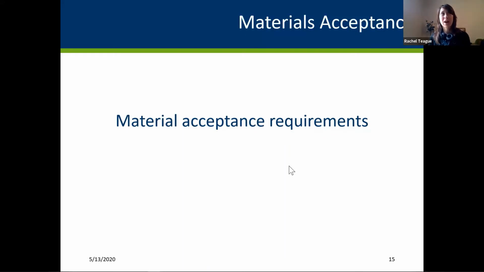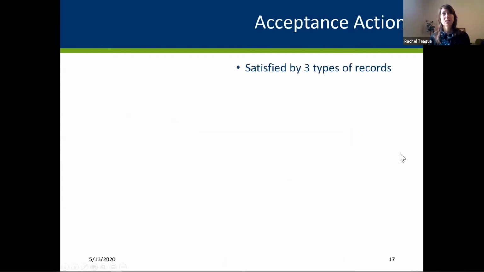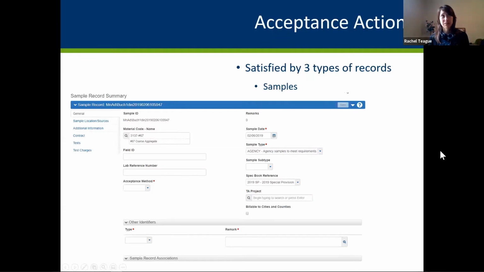So in project, we refer to material acceptance requirements as something special, which is an acceptance action. And your acceptance actions can be satisfied by 3 different types of records. We've talked about these briefly, but we're going to really dig into it now.